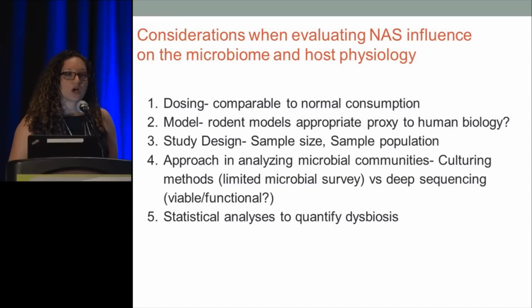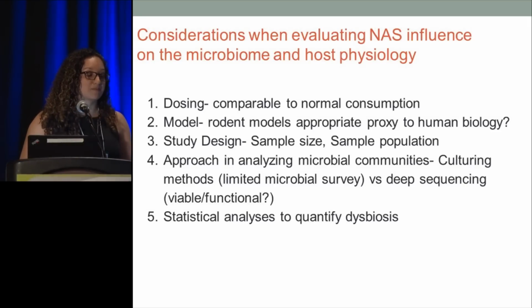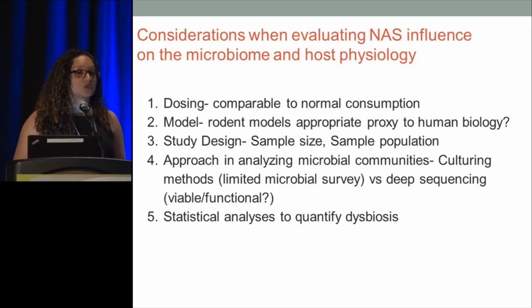Next is the approach on analyzing microbial communities. So there were three different methods that were used to analyze microbial communities that I've presented. One was qPCR, using primers specific to certain communities, to certain bacteria. They were using cell culture, and the final one was using deep sequencing analysis.